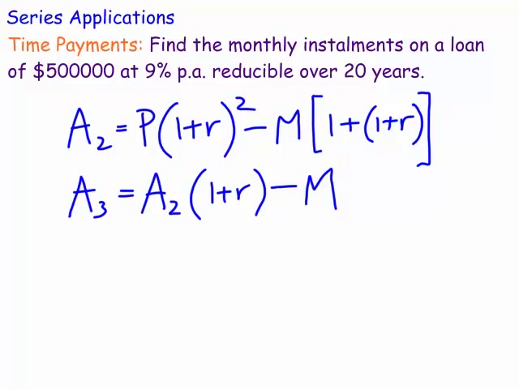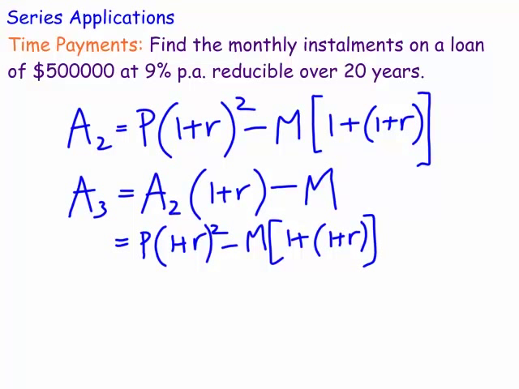So we're going to put in A2, you can see here, P(1 + R) squared minus M(1 + R). We need to compound this again for 1 plus R, minus a monthly installment.